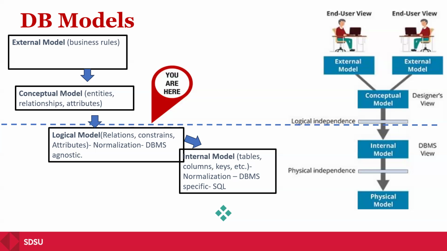We just need to know basics as users. Then we work on conceptual data models that has a little lower level of abstraction compared to external data model. It has more details related to the database. We already have entities, attributes, and today we are going to add more details to conceptual data model. So logical data model has more information.